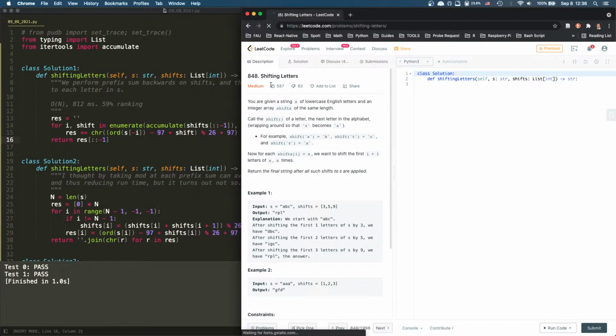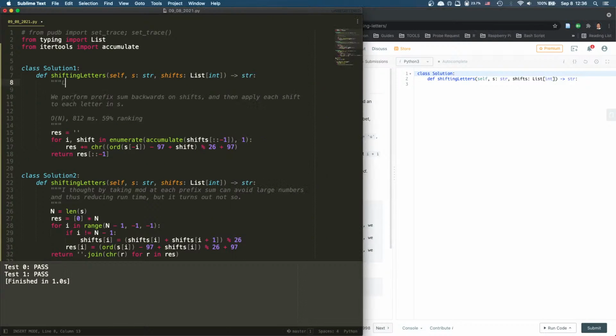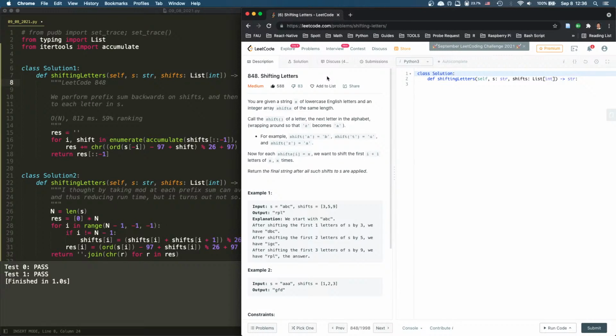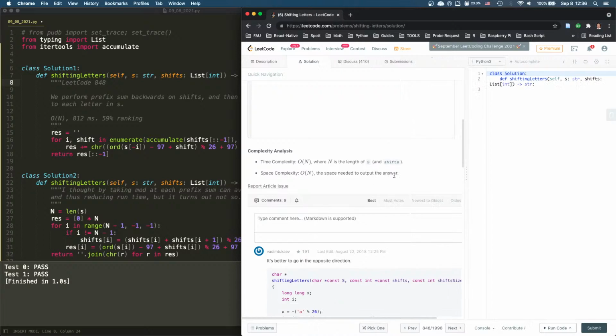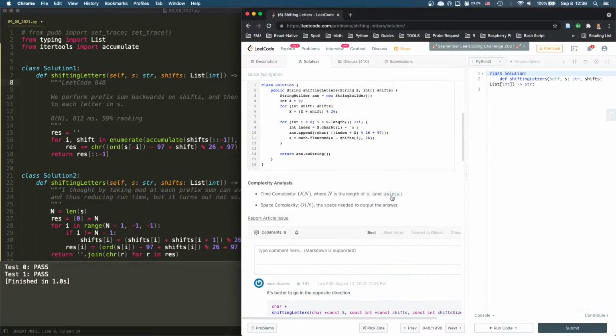So this is LeetCode 848. It's deteriorating performance so much. There's got to be a way to fix this.